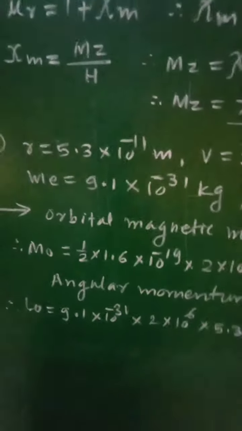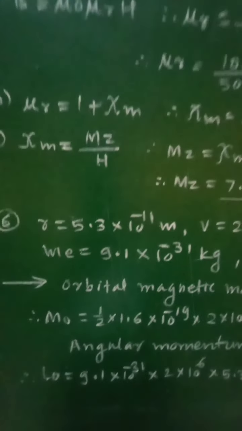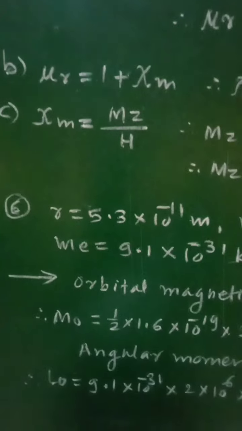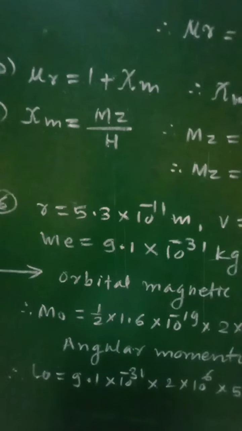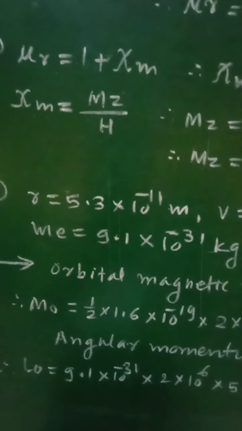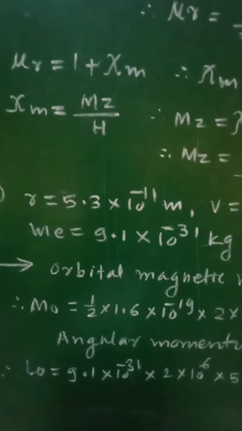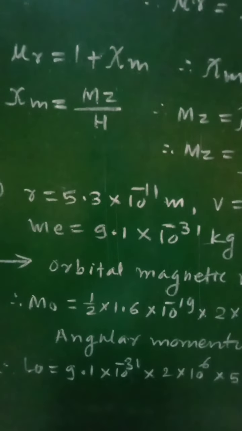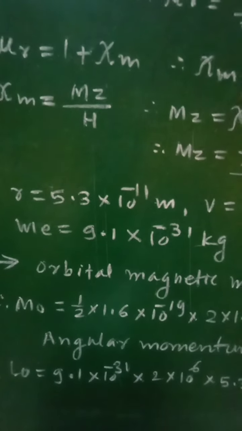Then we will go for the next numerical, that is numerical number 6, which is given as: an electron in an atom is revolving round the nucleus in a circular orbit of radius 5.3 into 10 raised to minus 11 meter with a speed of 2 into 10 raised to 6 meter per second.